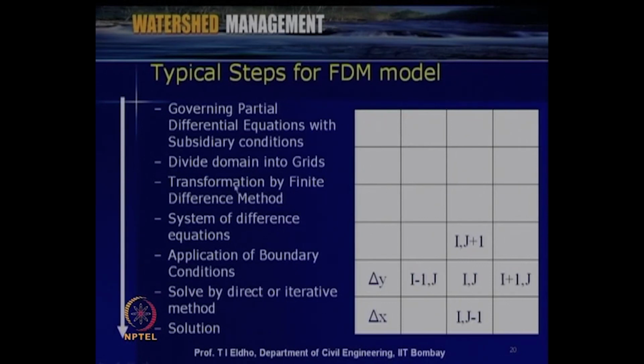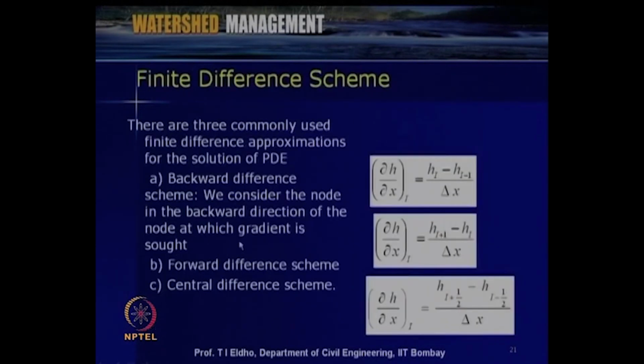Then next is transformation by the finite difference method. As I mentioned, either first order or second order partial differential terms can be transformed, and then finally we can form a system of difference equations for the total grid points which we consider. Then we can apply the boundary conditions, and solve either by direct or iterative schemes. So, we get the solutions.